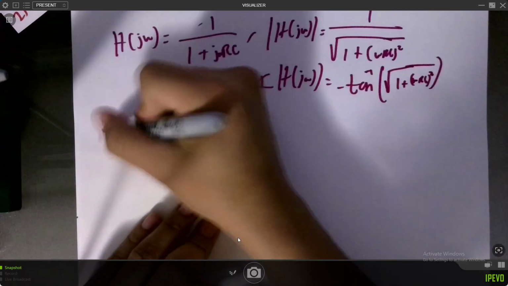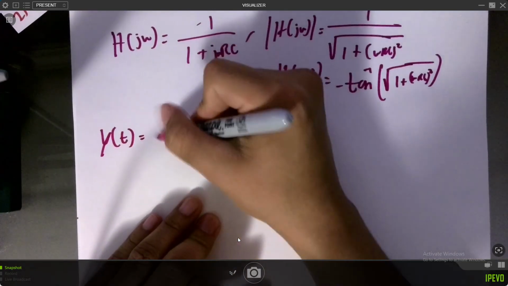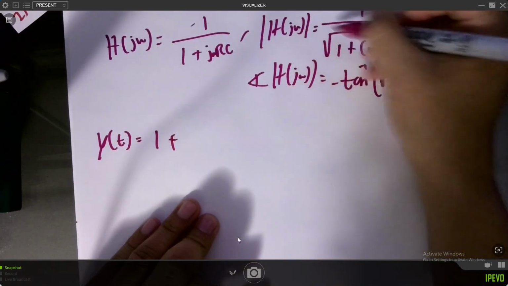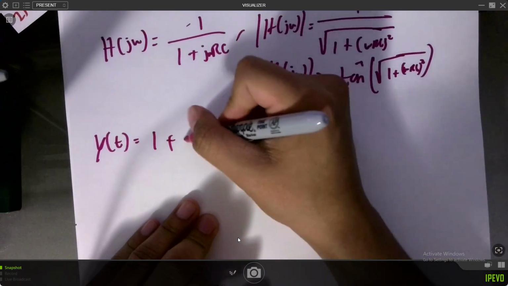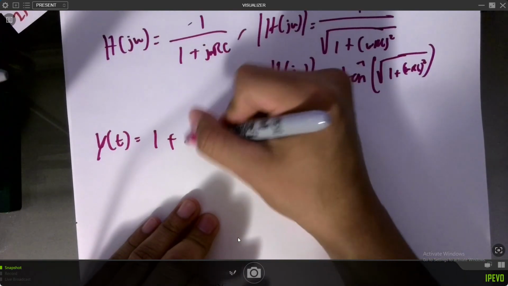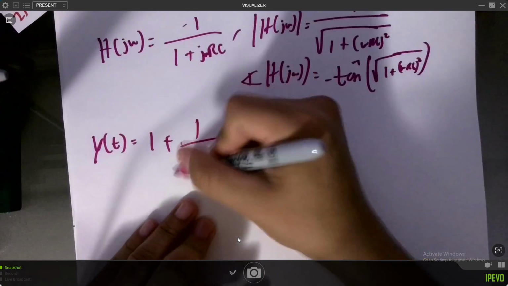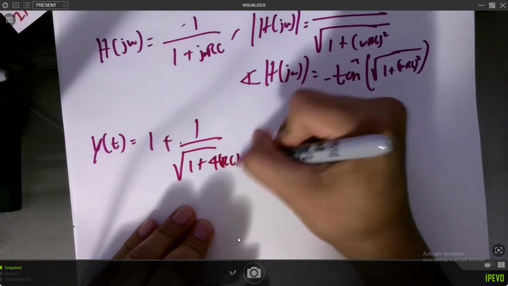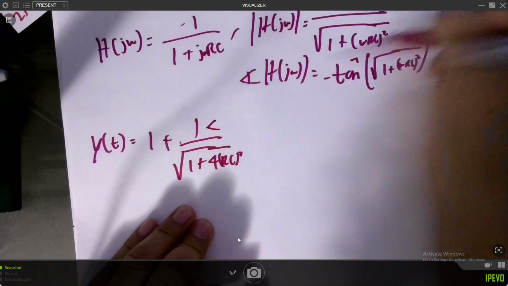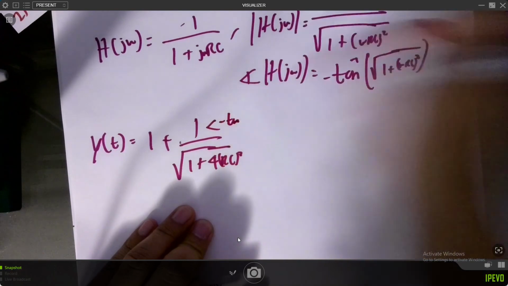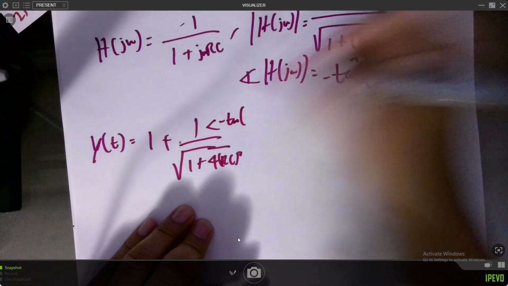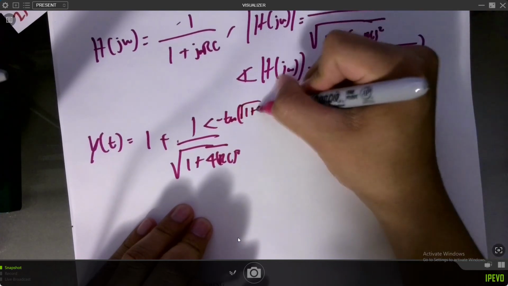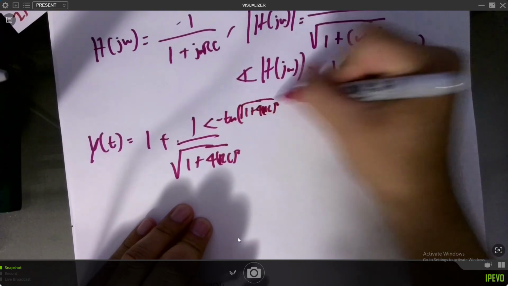So now going back to our input signal, which is basically equal to 1 plus whatever the transfer function of this is at 2. That is 1 over the square root of 1 plus 4RC squared, angle minus tangent inverse.